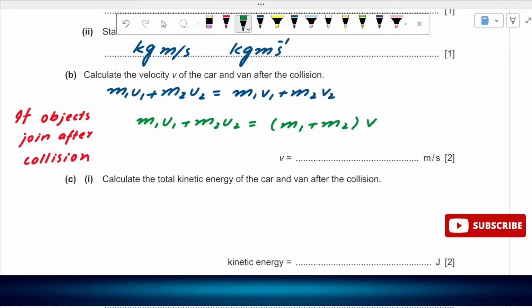Because if they join after the collision, they'll be moving at the same speed. That's why v is taken common on the right side.